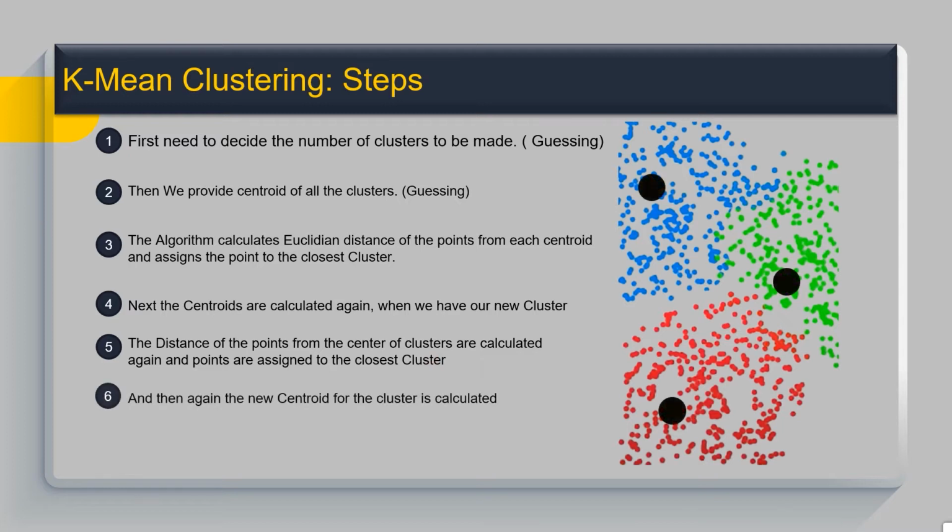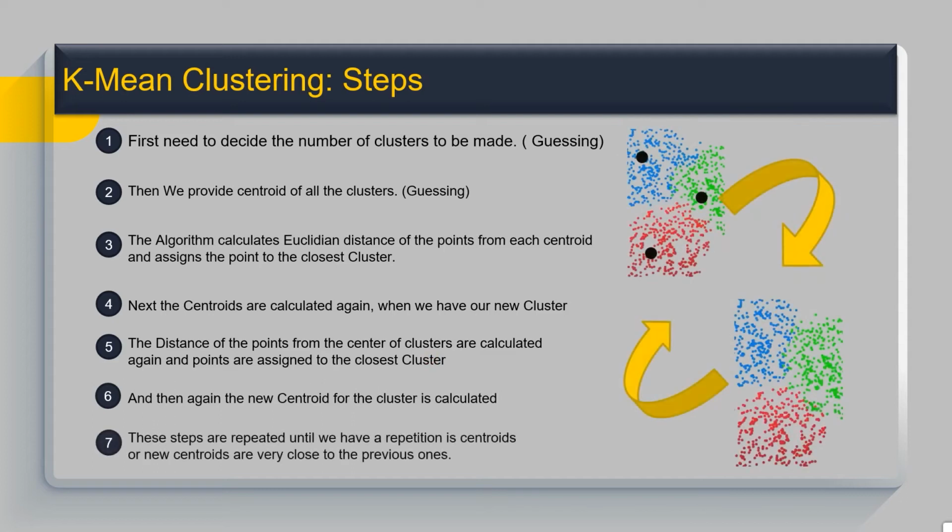Then again we have new centroids, and these steps are repeated until the centroids or the new centers are very close to the previous ones. Until the output gets repeated or the outputs are close enough, we do not stop this process. We keep on calculating the Euclidean distance of all the points to the centroids, then we calculate the new centroids, and that is how K-means clustering works.